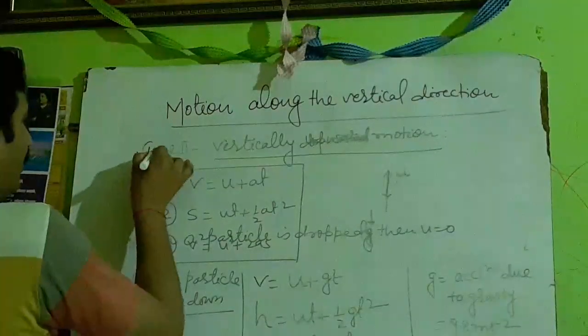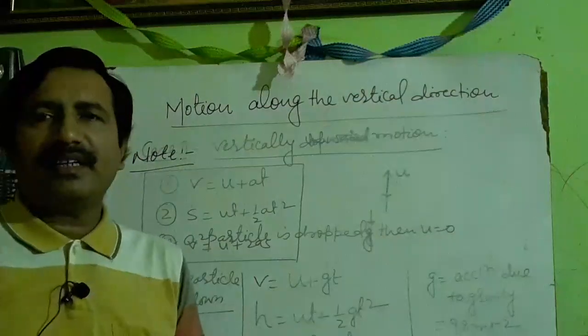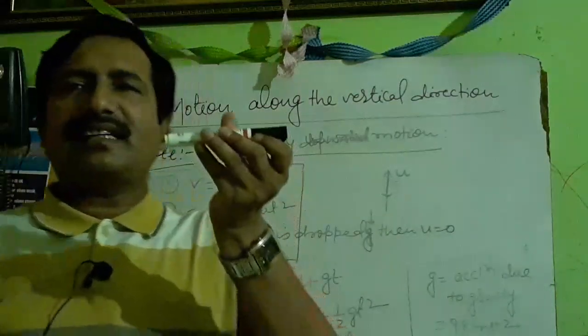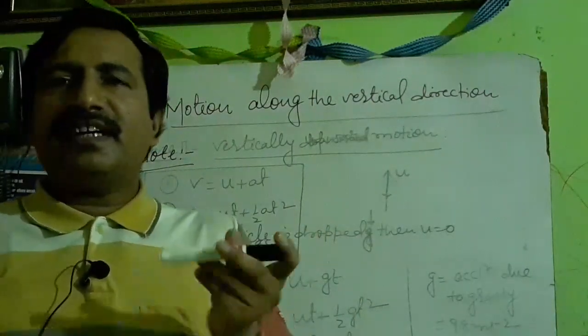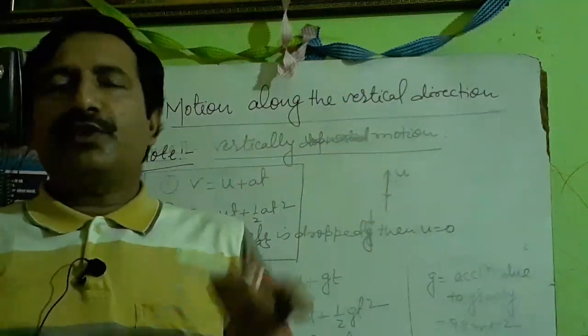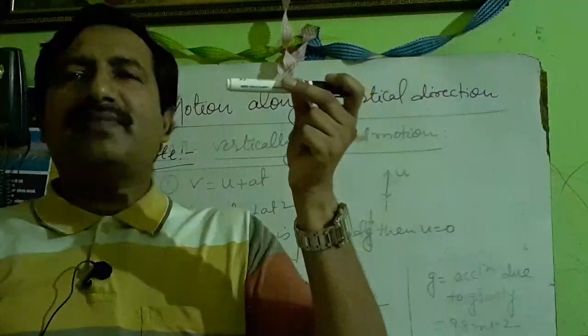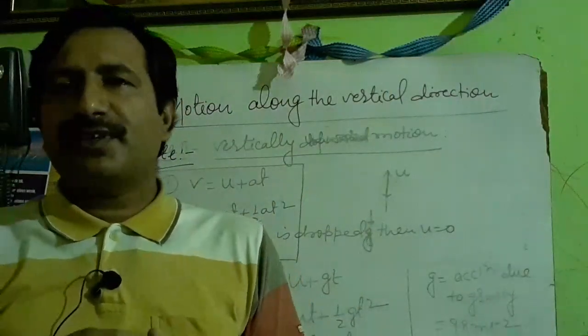Note, whenever you throw a body vertically upward, its velocity will start decreasing and it will become 0 at a certain height. And whenever it becomes 0, it will start coming down. So it will be the maximum height where the velocity of the particle thrown upwards becomes 0.